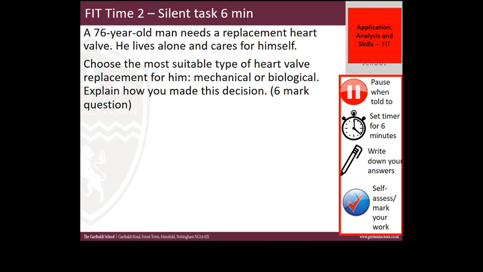It is a 6-mark question, which means they are looking for 6 individual points as to why you picked one or the other. So pause the video, set your timer for 6 minutes, write down your answers, then I will show you the answer, and you will self-assess it. So pause now.